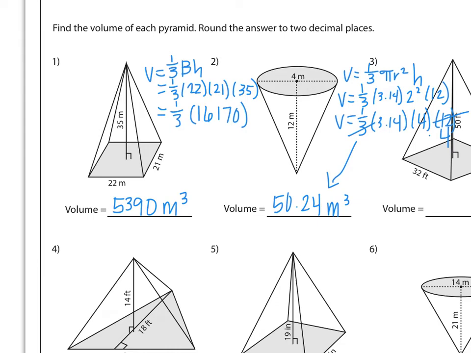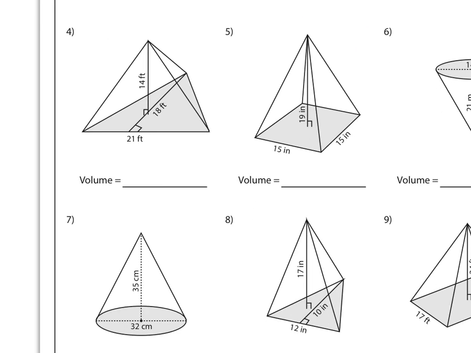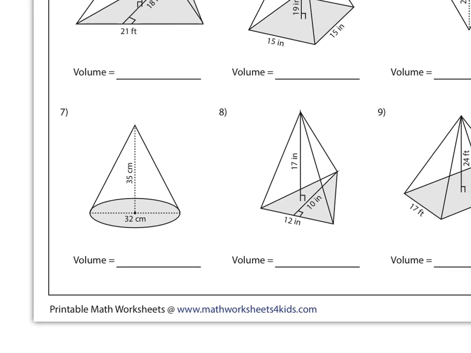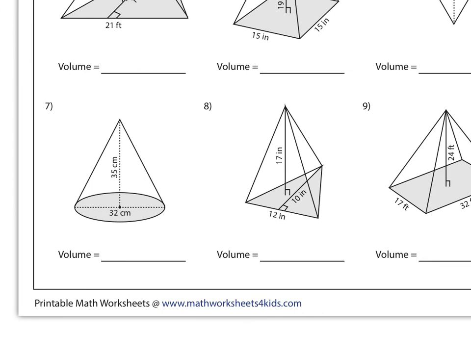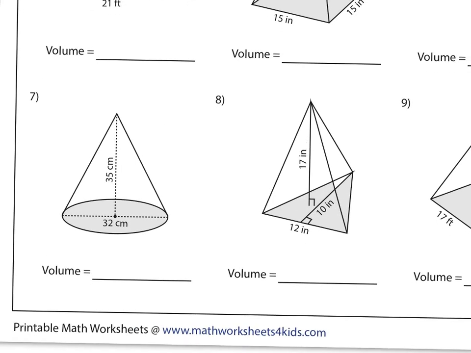Okay, so now let's go all the way down here. We're going to do number 7. And we're going to do another cone. Again, we're going to write out our formula, which is volume equals 1/3 area of the base times the height.